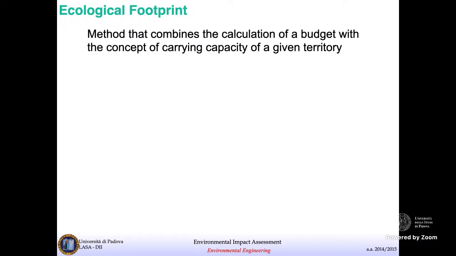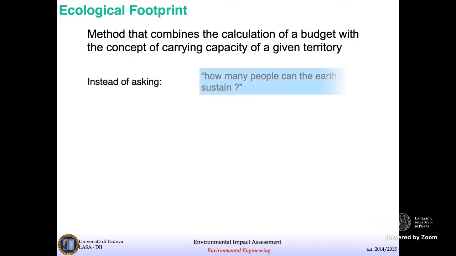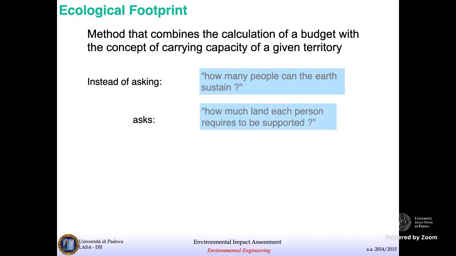And the ecological footprint is a method that combines the calculation of a budget with the concept of a carrying capacity of a given territory. So we reverse the question. Instead of asking how many people can the Earth sustain, we may ask how much land or how much surface or how much part of the Earth each person requires to be supported.